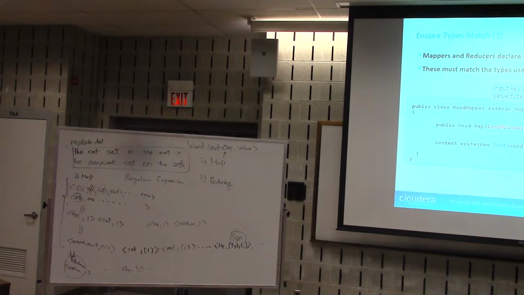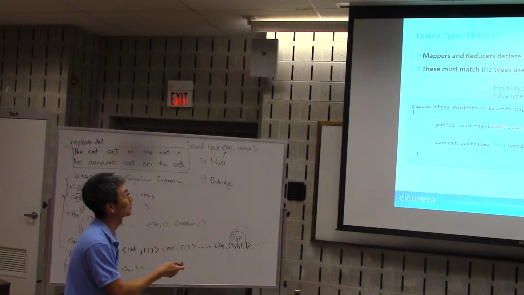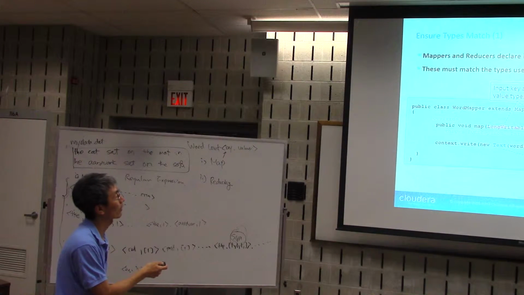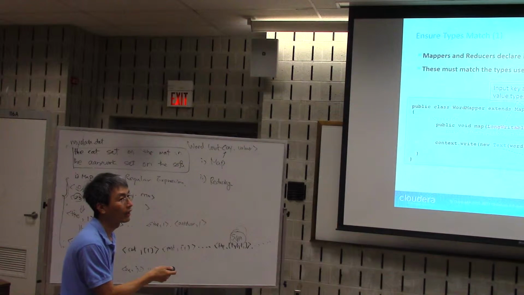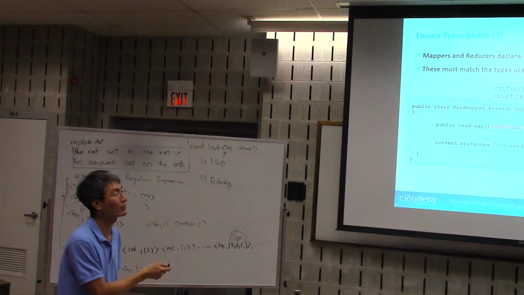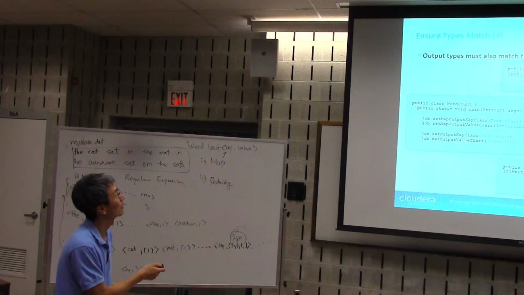You should keep in mind to match the object types. This is the mapper. The input should be the same as the map in the class. And this is the output of the mapper, the input of the reducer. It's an intermediate format. So Text to Text and IntWritable, IntWritable.